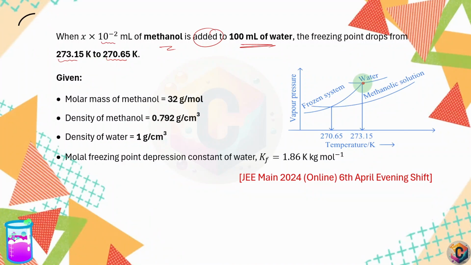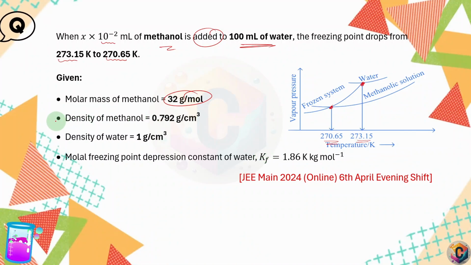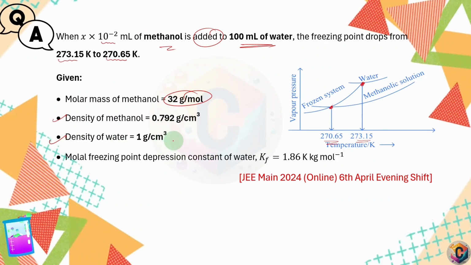Here is the point, freezing point of the water, which is 273.15, and here is the point, freezing point of the solution, which is 270.65. The molar mass of methanol is 32 gram per mole, the density of methanol is 0.792 gram per centimeter cube, and the density of water is 1 gram per centimeter cube.